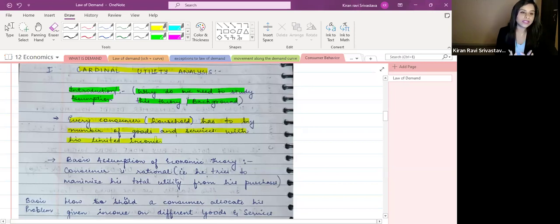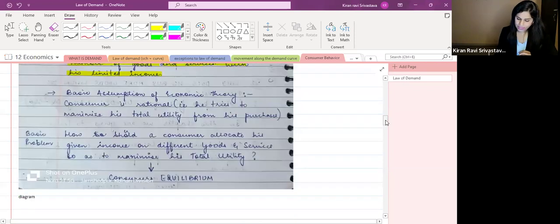On the very first day when I explained demand, I gave you an example. Human beings have needs, and needs are unlimited, and resources are scarce. Money is the resource. Income is scarce, and wants are unlimited. So the demand for goods and services is unlimited. So this is the introduction.